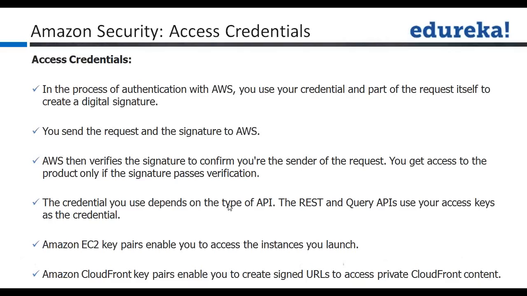Second is they provide an access key and secret access key. Those access key and secret access key are used when you want to use the SDKs of the Amazon, or you want to use some of the external tools available. You want to connect to that, you can use that. Or even if you want to call from the REST based or SOAP based calls, you can use those access key and secret access keys also.